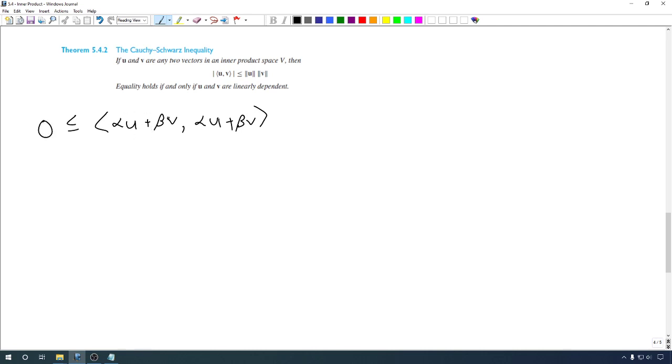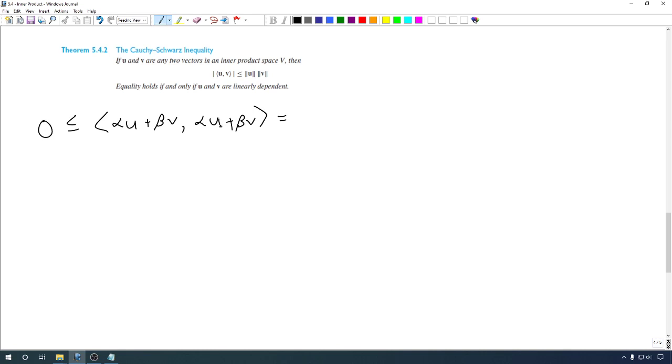This is an inner product of a vector with itself. It is a non-negative number. But we are allowed to split it up. We can split this first part up. So we have alpha of u inner product with this, plus beta times v inner product with this, and then we can do the same thing, split up this part.